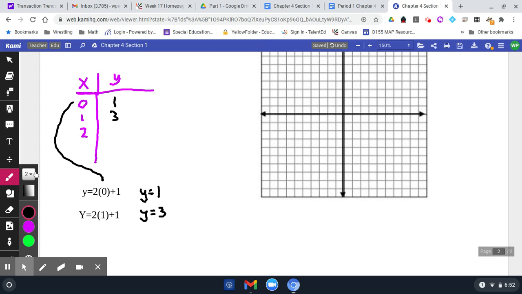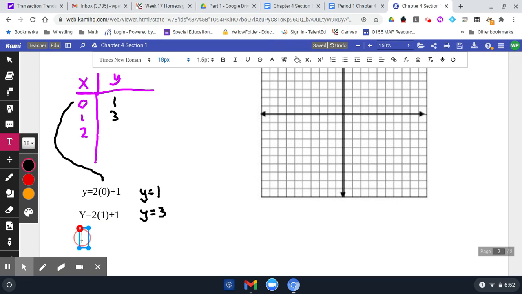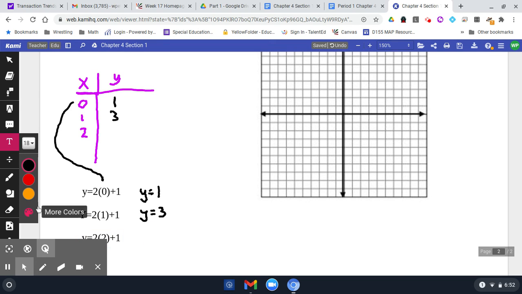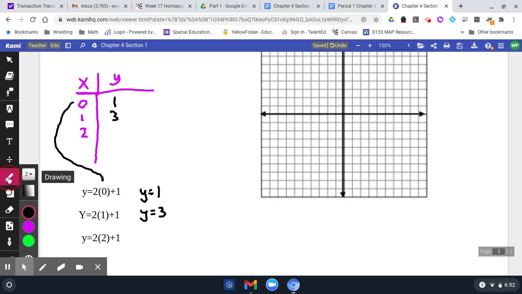And last but not least, I'll do the same thing and plug 2 in. Y equals 2 times 2 plus 1. 2 times 2 is 4. 4 plus 1 is 5. Y equals 5.